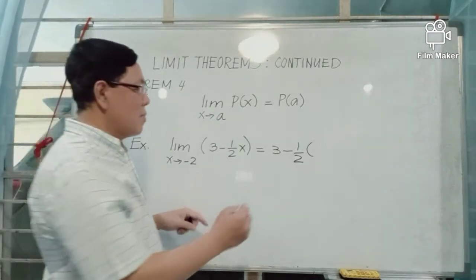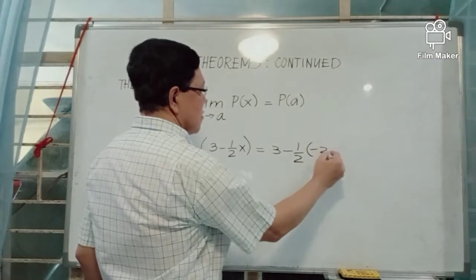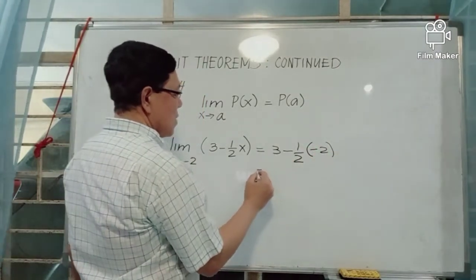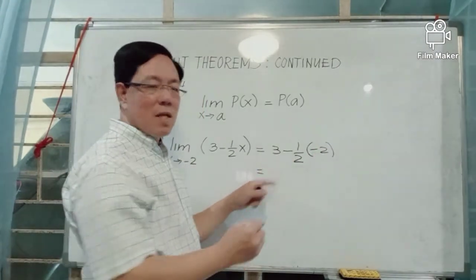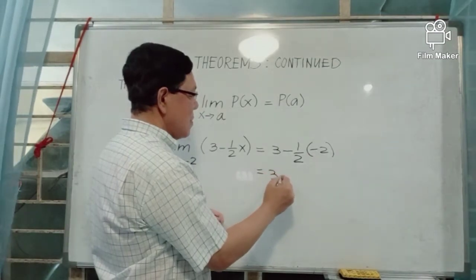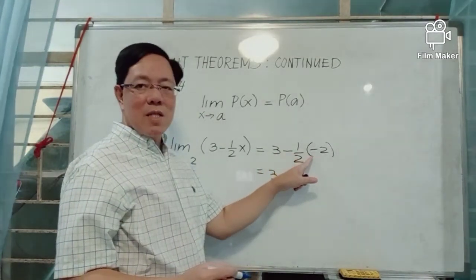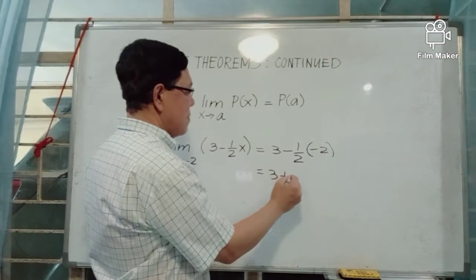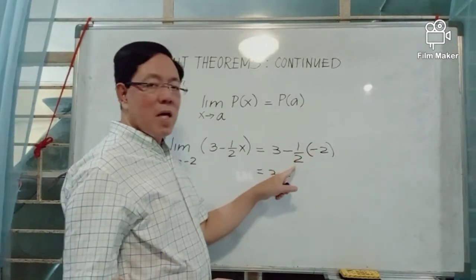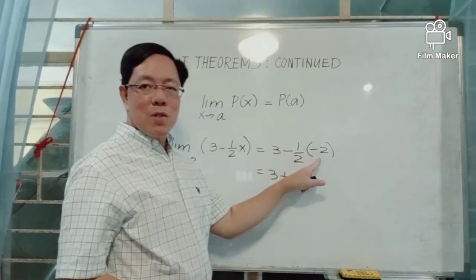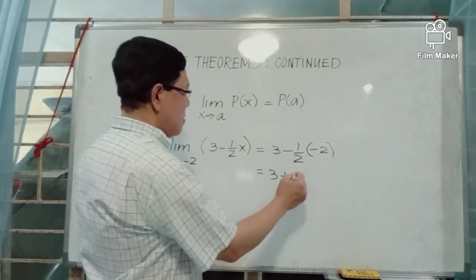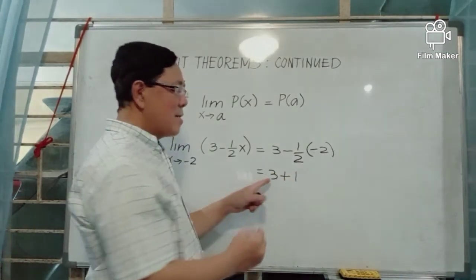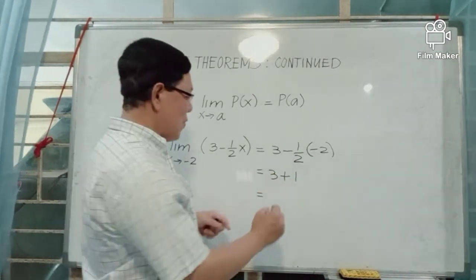A is -2. And we simplify, we have 3. Negative times negative is positive. And 2 divided by 1 multiplied by 2 is 2, divided by 2 is 1. And 3 plus 1 is 4.